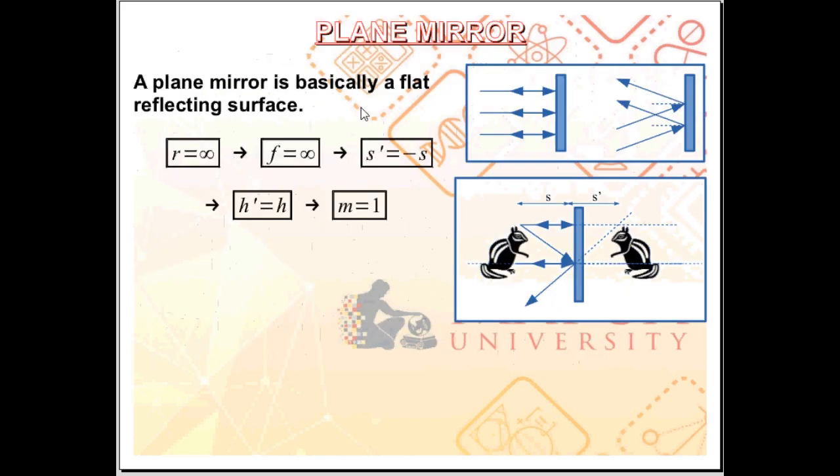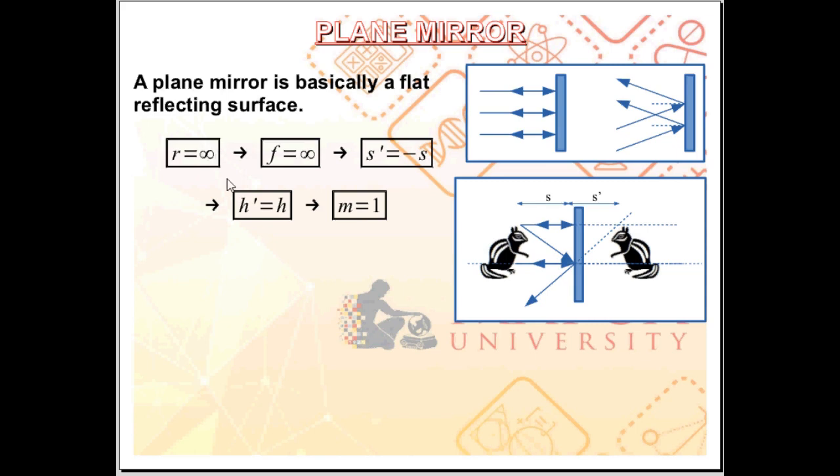Now, a plane mirror, as its name suggests, is basically a flat reflecting surface. So bear in mind your law of reflection. For a flat surface, the radius of curvature is considered to be infinite.